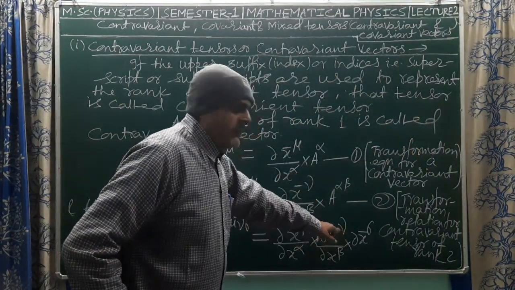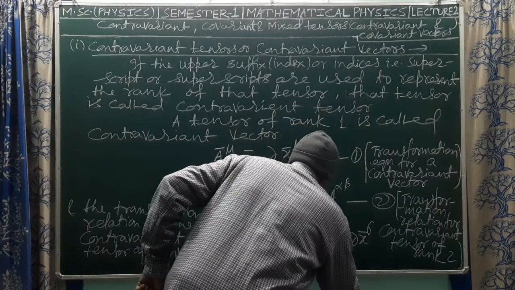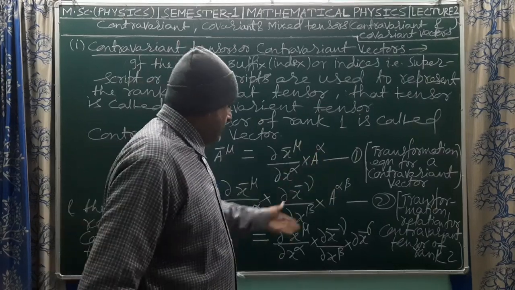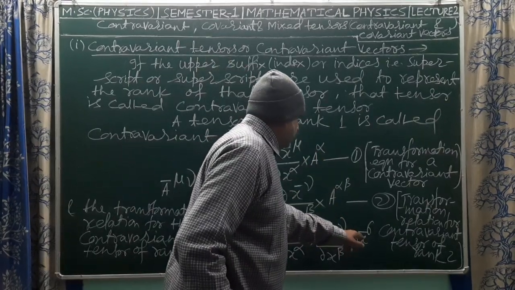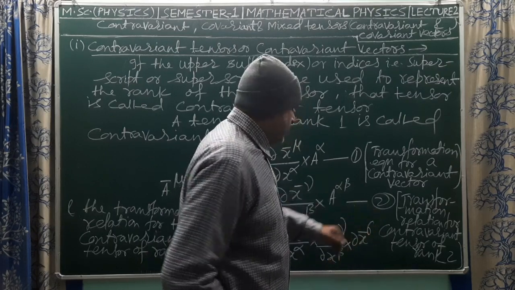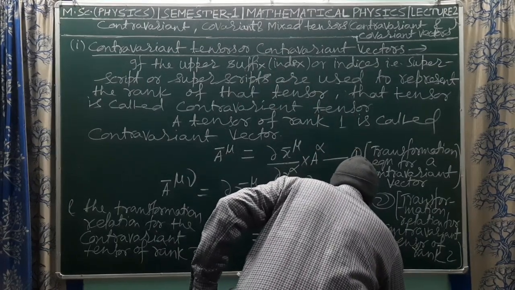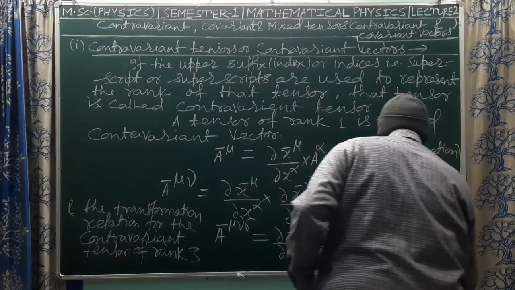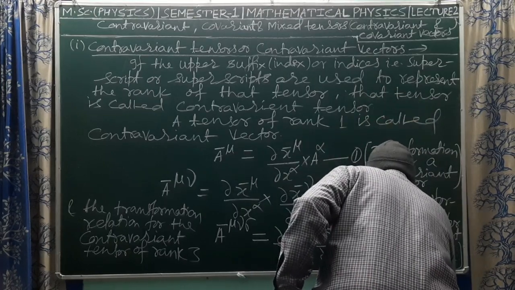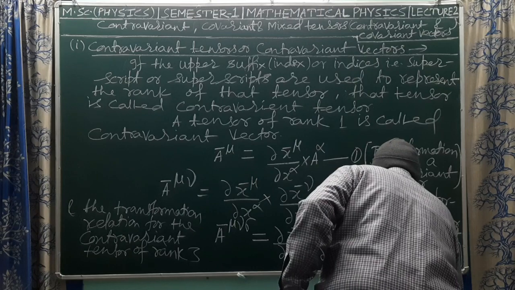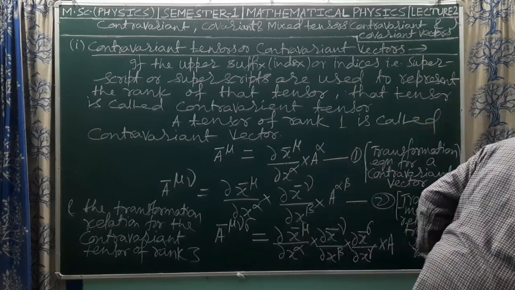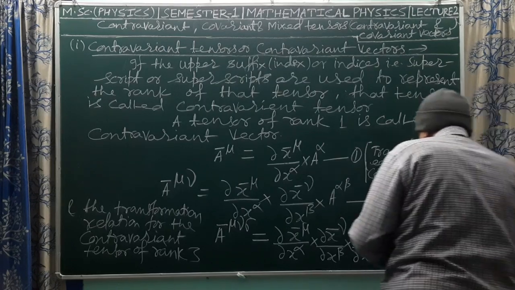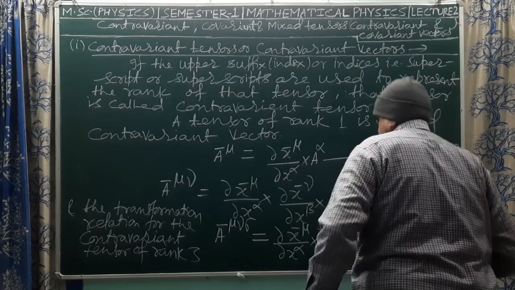The upper indices are alpha, beta and gamma.